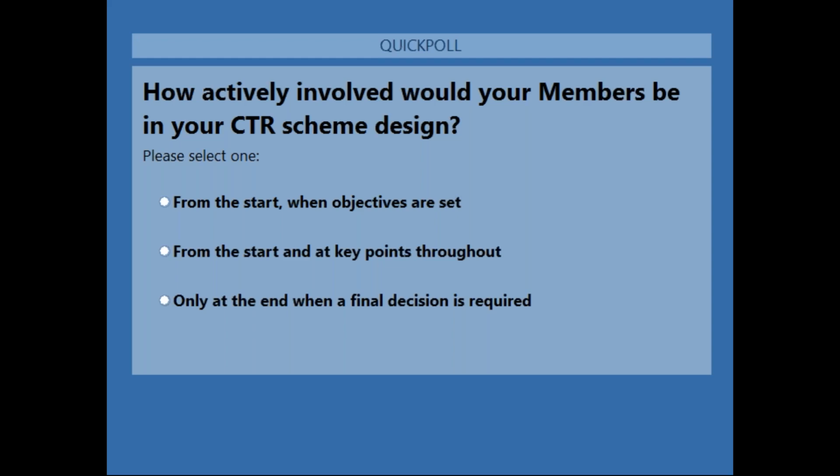The options are: they'd be active from the very start when the objectives were set, they'd be active from the start and at key points throughout, or they'd only be active and involved at the very end when the final decision is required.